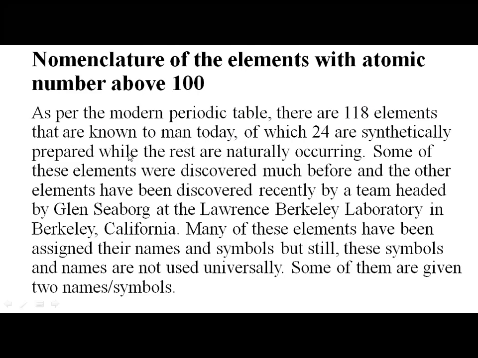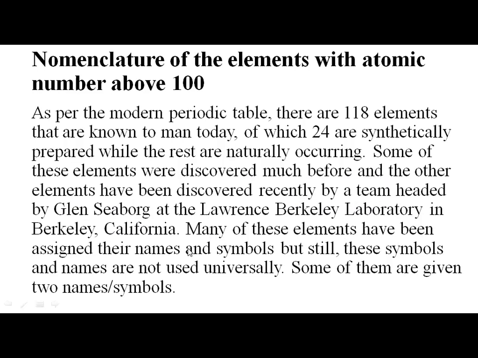Those obtained in nature are naturally occurring. The remaining 24 elements are artificially prepared. Some of these elements were discovered much before, and others have been discovered recently by a team headed by Glenn Seaborg at Lawrence Berkeley Laboratory in Berkeley, California.